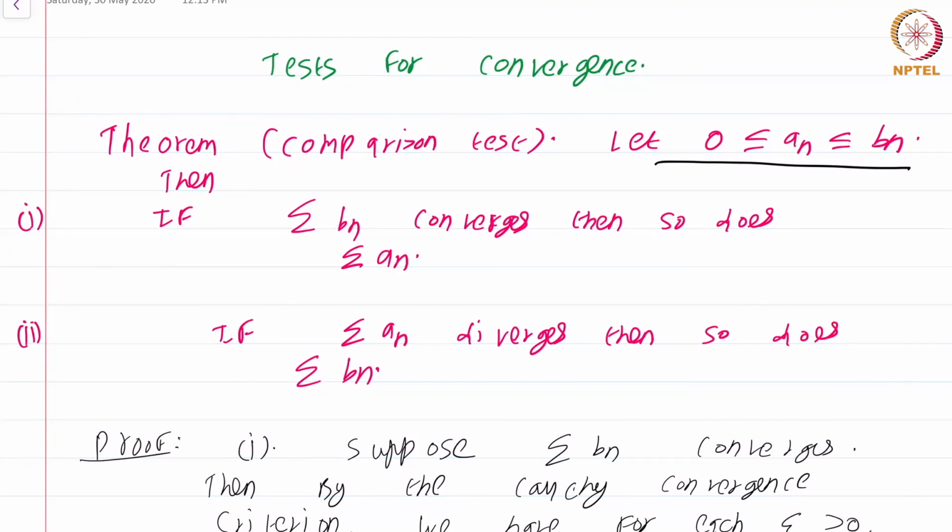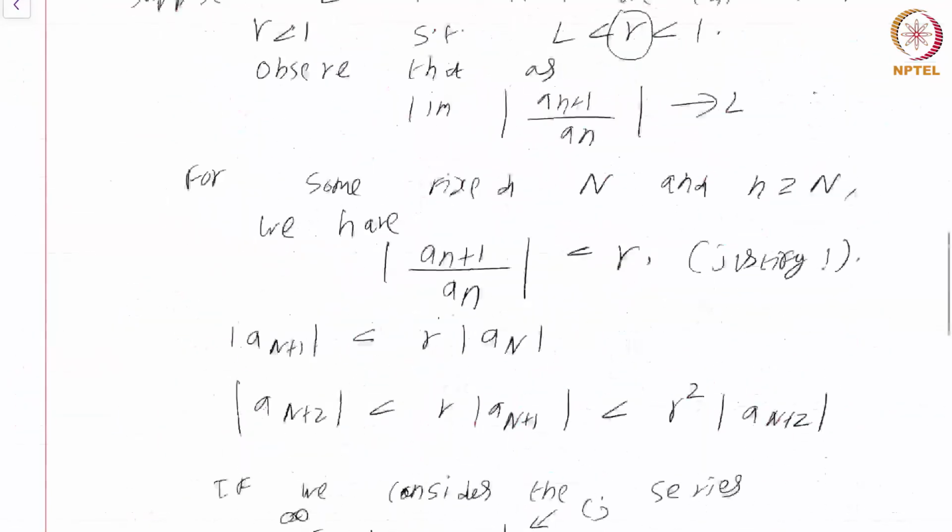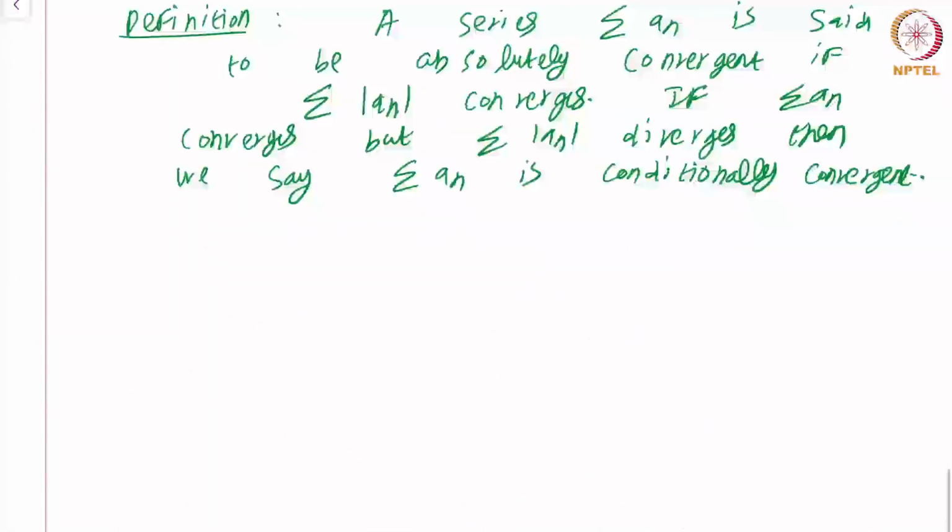By a similar proof to what we have done for the ratio test, you can show that you just require this inequality whenever n is suitably large. You don't require it for all values of n.